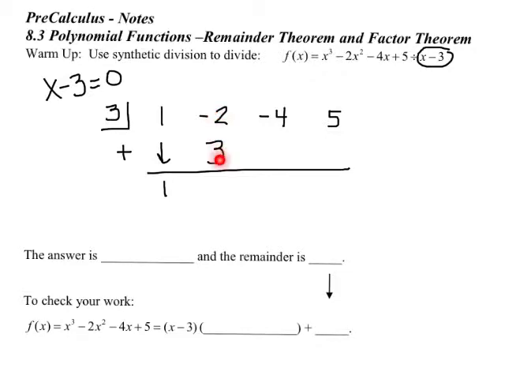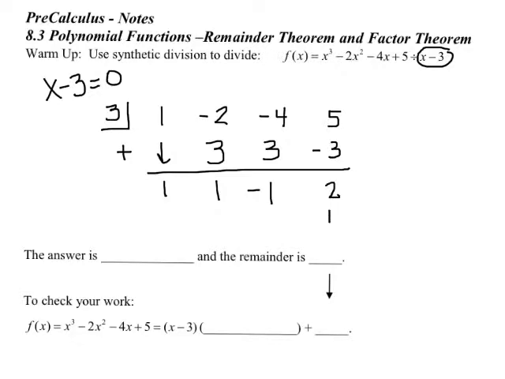Negative 2 plus 3 is 1. 3 times 1 is 3. Negative 4 plus 3 is negative 1. And lastly, 3 times negative 1 is negative 3. 5 plus negative 3 is 2.